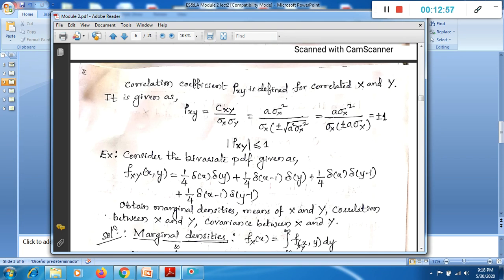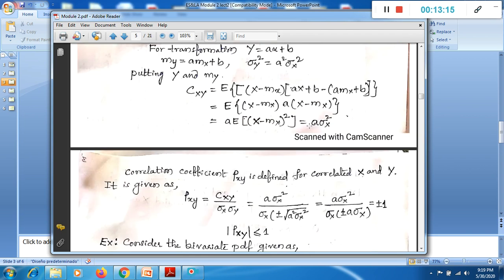Then the correlation coefficient, that is rho of xy, is defined for correlated x and y, and this rho of xy is always equal to c of xy, that is covariance, divided by del x into del y. And the c of xy, as we have calculated, is a into del x square, and del y is plus or minus root of a square del x square.